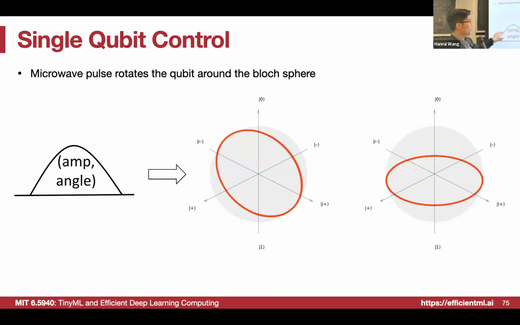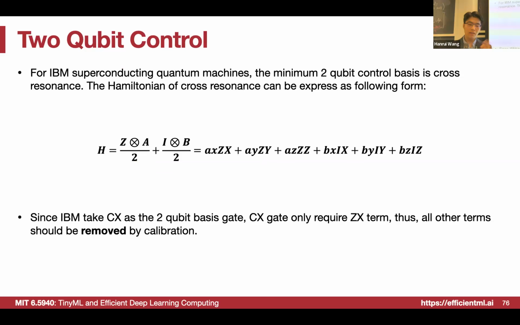So, for example, if we have a very large amplitude, we are rotating more degrees on a sphere, right? If we have a small one, then we are rotating a small amount. It's just like you are sending the signal, and the qubits will rotate on this sphere until the target location. In terms of the two-qubit control, it is a little bit more complicated.